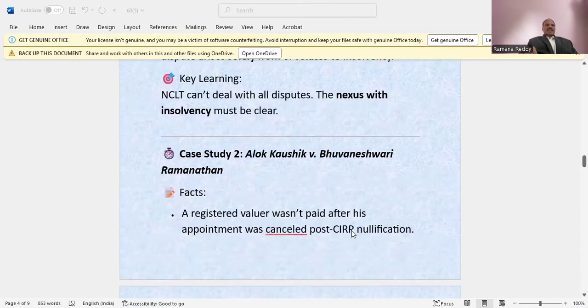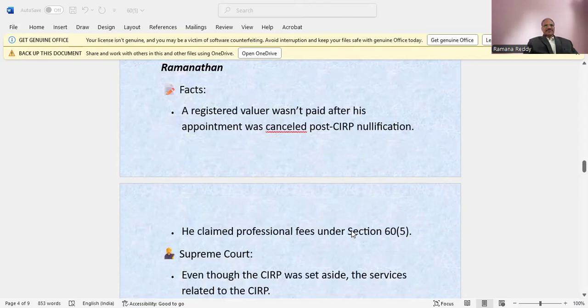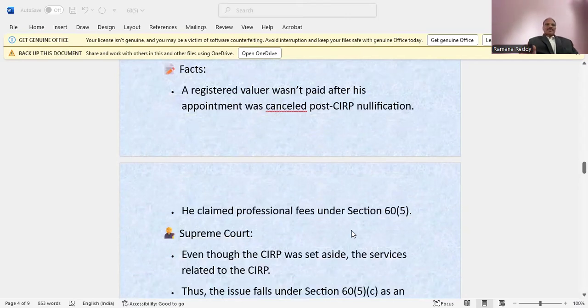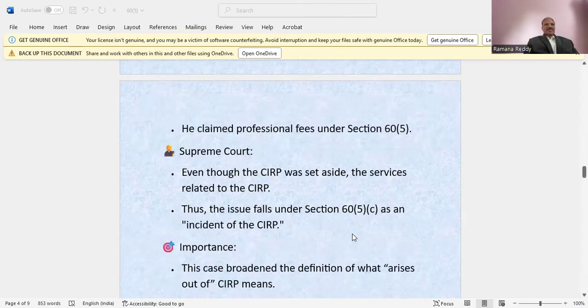We'll go to another case. Alok Kaushik versus Bhuvaneshwari Ramanathan. The facts of the case: the registered valuer wasn't paid after his appointment was cancelled post CIRP qualification. He claimed professional fee under Section 60, subsection 5. Supreme Court held, even though the CIRP was terminated, the services were rendered to the CIRP.